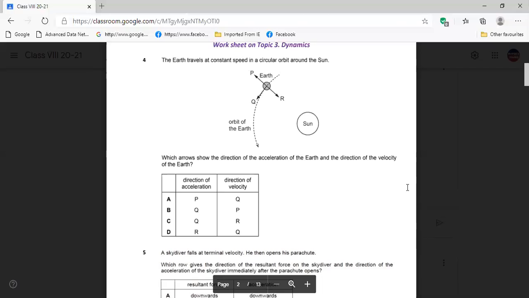I think it's B. Direction of acceleration Q and the direction of velocity P. Option B. Can you check your notes? Yes, sir.